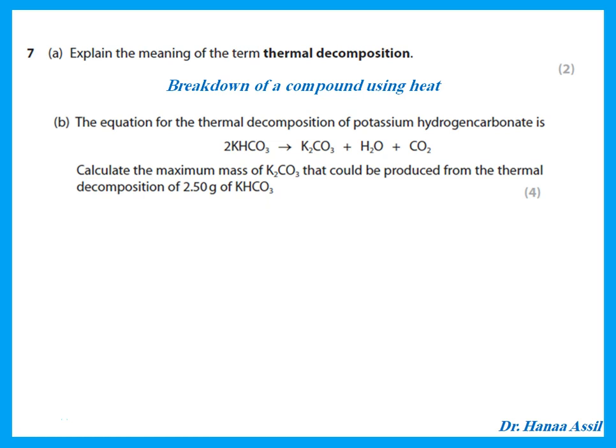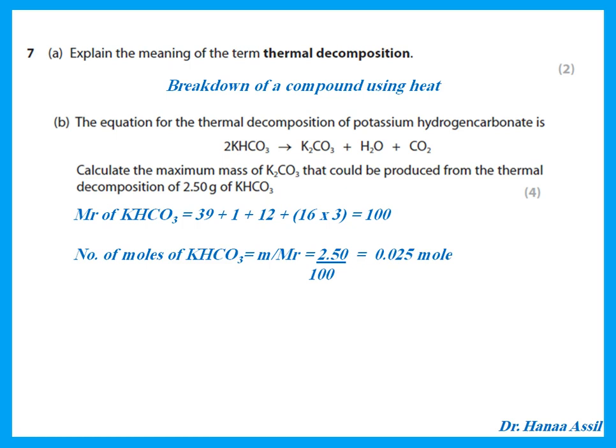Well, the 2.5 grams of potassium hydrogen carbonate I can use to get the number of moles, but I will need to calculate the molecular mass of the KHCO3 first, and then the number of moles is mass over molecular mass. So the mass over the molecular mass gives me the number of moles of KHCO3.